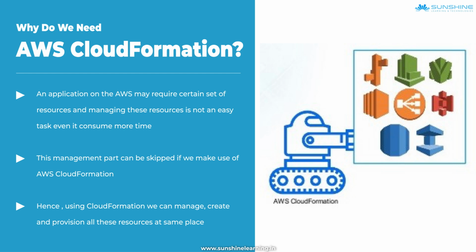So till now, we have been creating the resources manually. Let's say if I need to create an EC2 instance, I'll just go to the EC2 dashboard and create an instance. If I need to create a bucket, I'll go to S3 and create a bucket. If I need to create a VPC, I'll just go to the VPC section and create a VPC and its components. So everything I need to do manually.